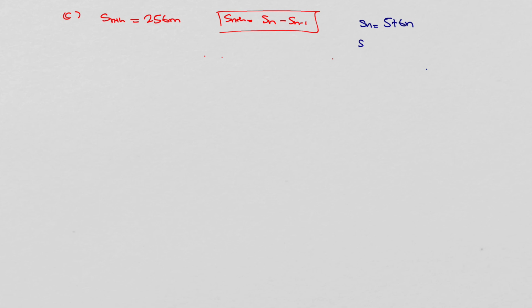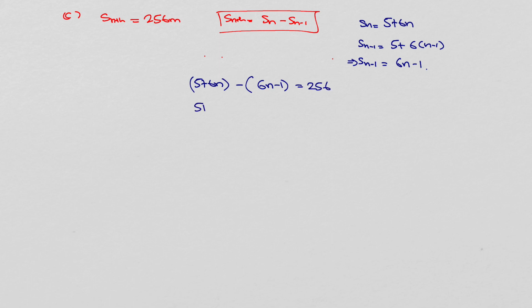So s of n minus 1 would be 5 plus 6 times n minus 1, which would be 5 plus 6n minus 6. So that would be 6n minus 1. And therefore we would say s of n, which is 5 plus 6n, minus s of n minus 1, which is 6n minus 1, is equal to 256.